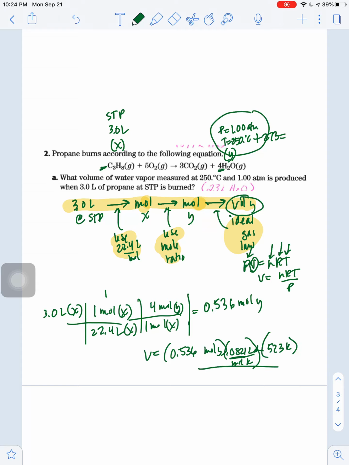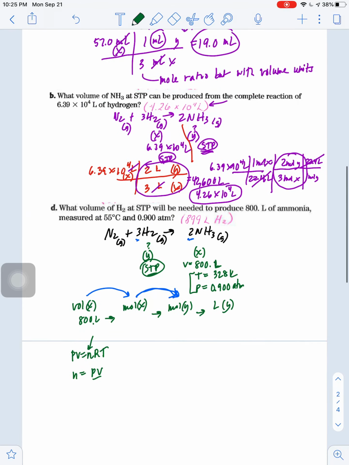And divide by pressure, which is 1 atmosphere. So 0.536 times 0.0821 times 523 is equal to 23.0. And we only had 2 significant digits in our original number, so it's just going to be 23 liters. I'll check my units: moles, moles, Kelvin, Kelvin, atmospheres, atmospheres, leaves me with liters. Okay, so that's how you do gas stoichiometry.